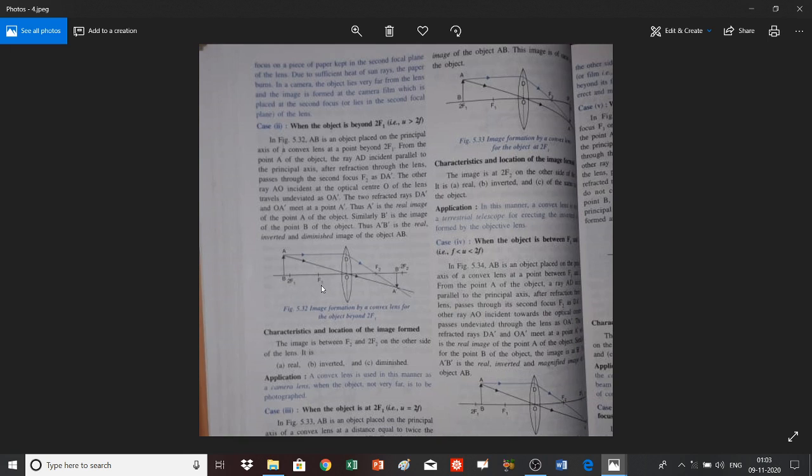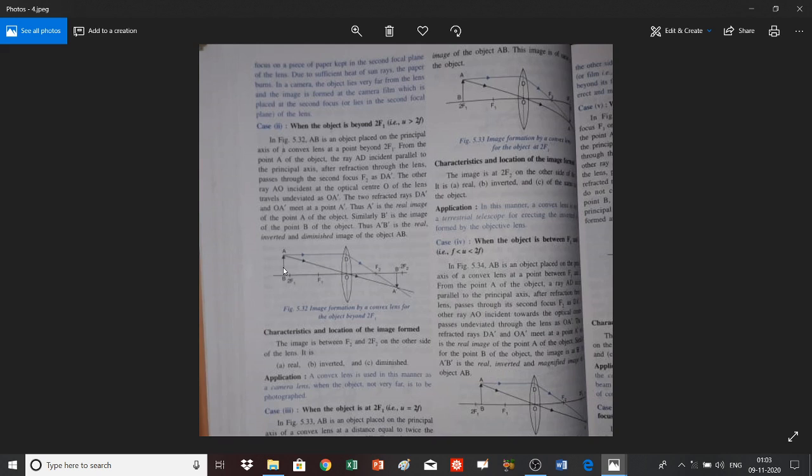Capital F1 is nothing but the focal length f. So use another distance which is equal to this. So this distance, the distance of this point from this point, is twice f. So the condition of being at a distance greater than 2f is obeyed here. So you place the object AB here.